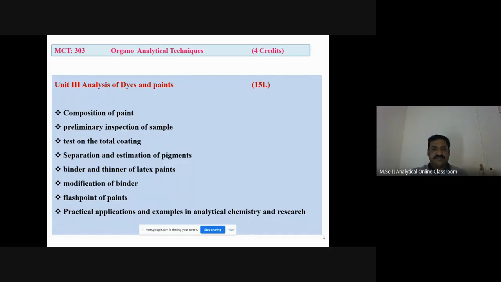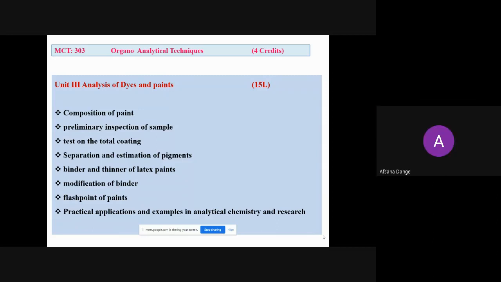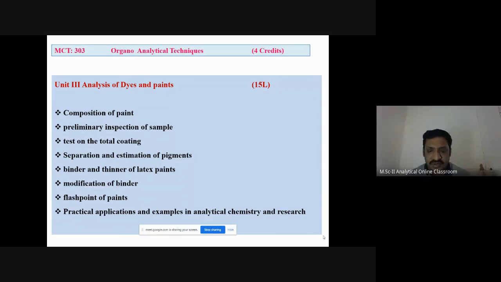I don't have any idea how many of you students are doing work on dyes. Is any one of you doing work on dyes? Yes, sir. Okay.